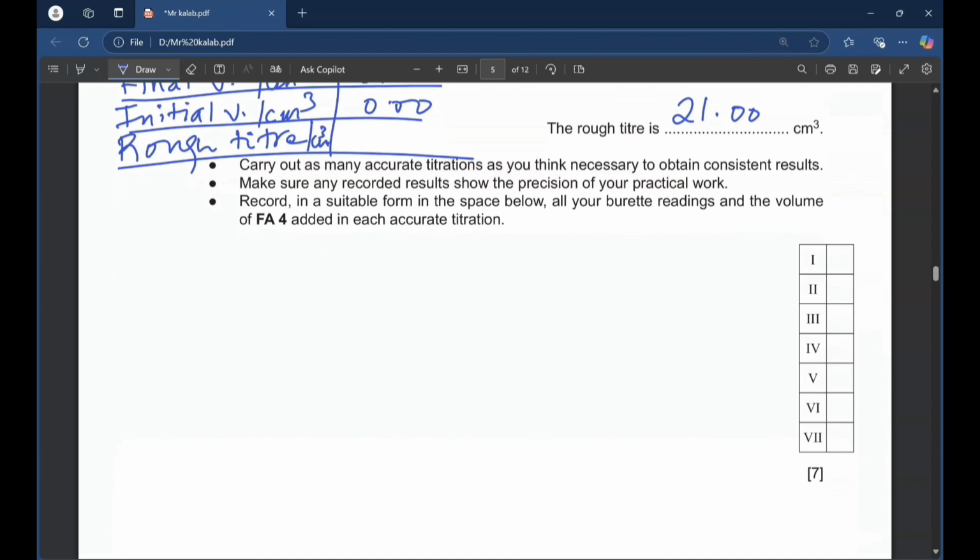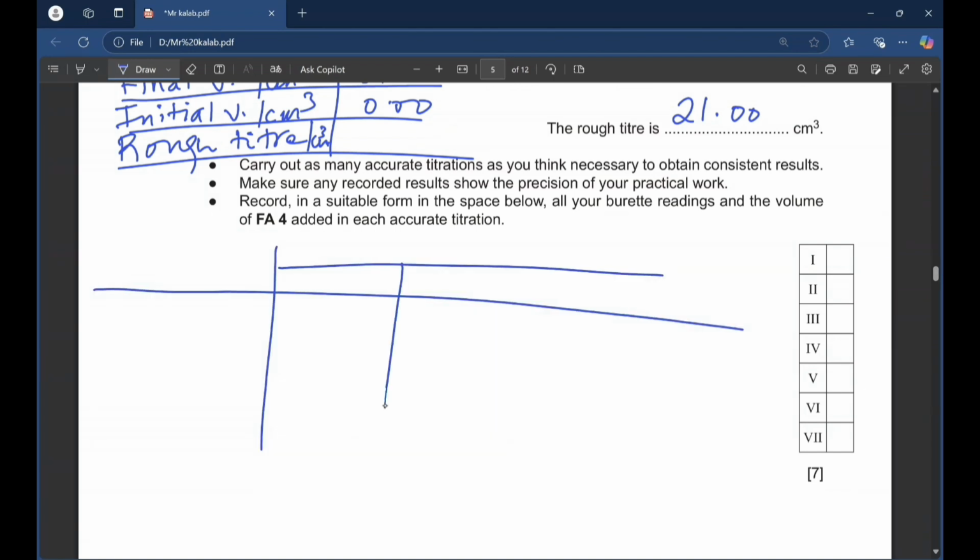The next thing here is to construct a table to record your accurate titrations. We're going to do the same now. So the first thing we need to write is accurate titrations here.